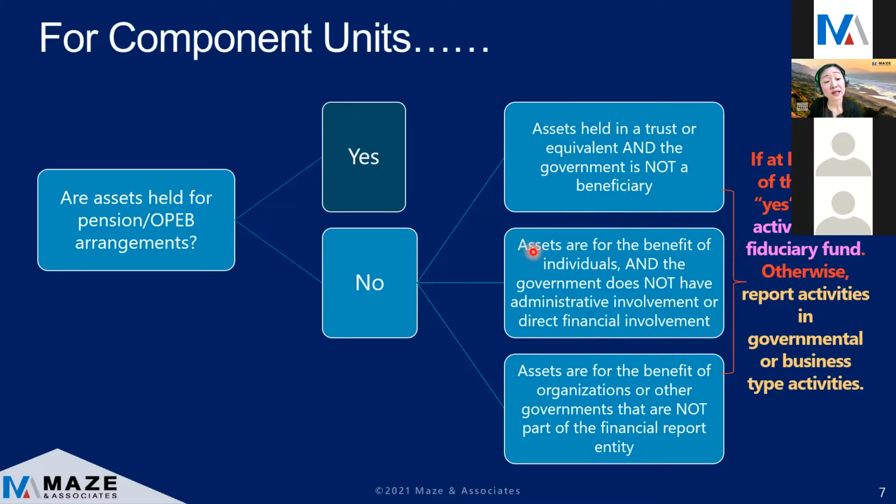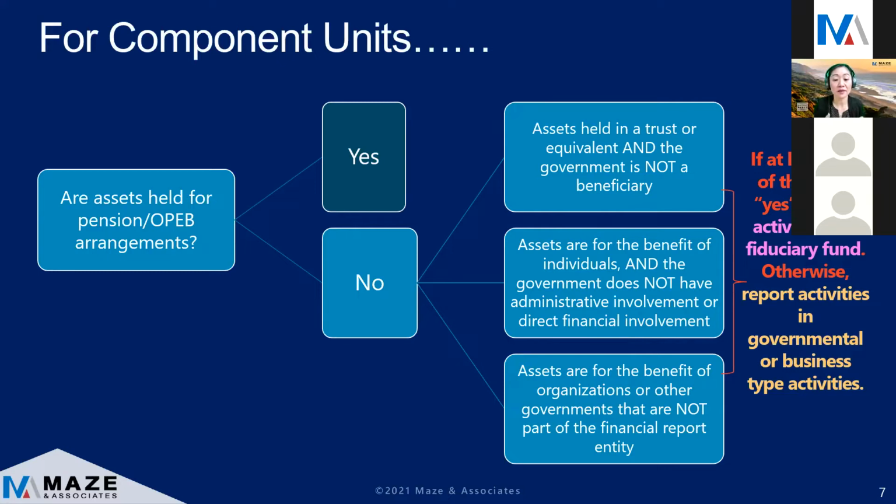Are the assets held for the benefit of individuals and the government does not have administrative involvement or direct financial involvement? Now, the definitions of administrative involvement and financial involvement: examples of administrative involvement are if you're monitoring compliance, determining eligible expenditures, or have the ability to exercise discretion over how the assets are allocated.